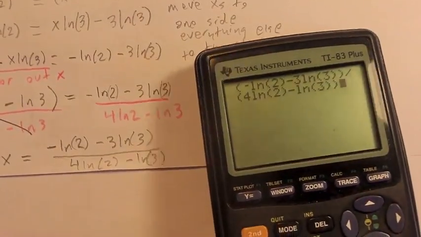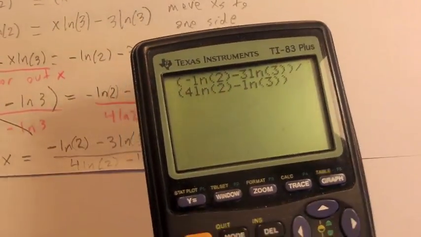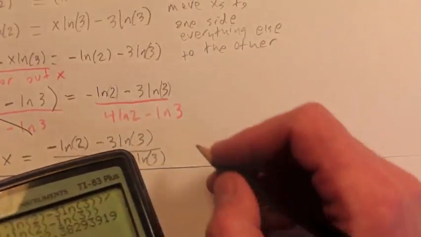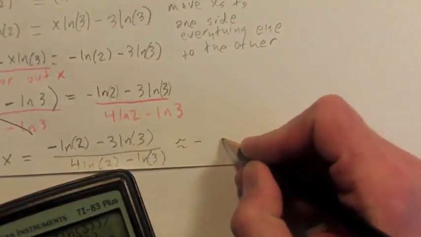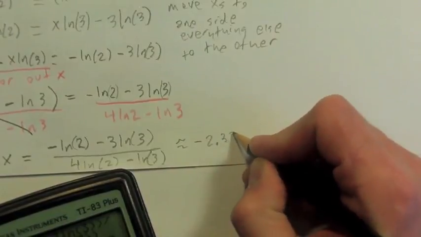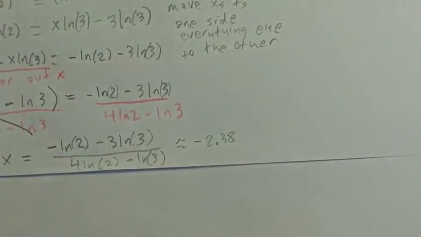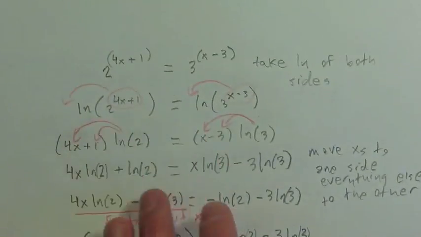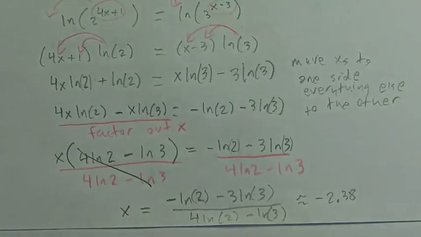So notice the entire numerator and entire denominator are in parentheses, and there we go. We got, in this case, negative 2.38 if we rounded to 2 decimal places. Okay, so that's one of the trickiest ones you're likely to see.